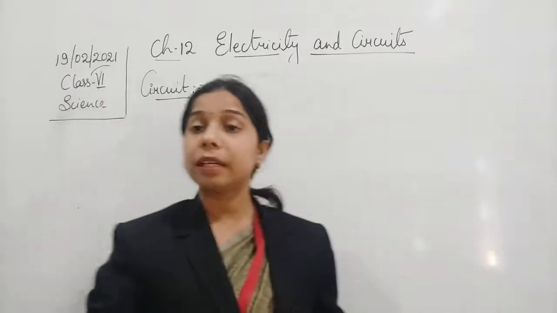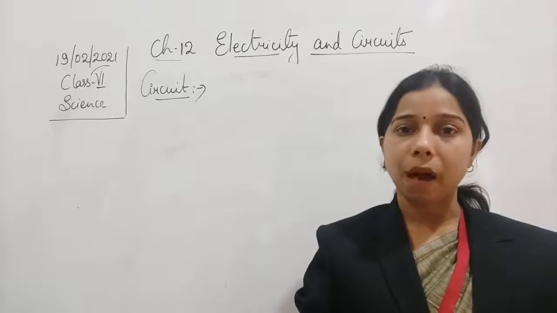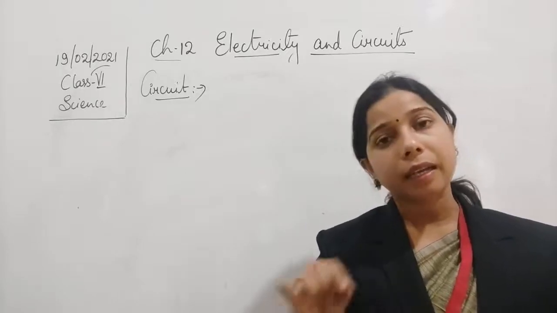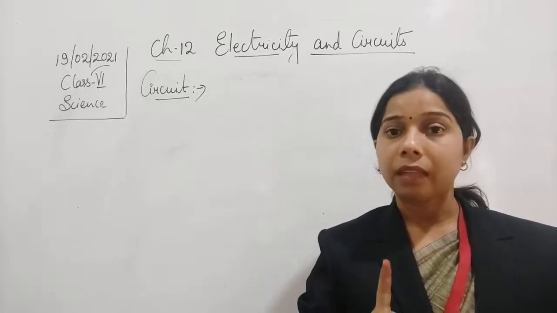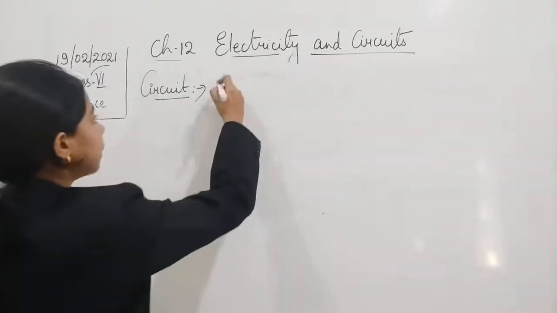Now the question here is, what is a circuit? A circuit is actually a path along which electricity can flow. That is called a circuit. So first of all we will write about that.